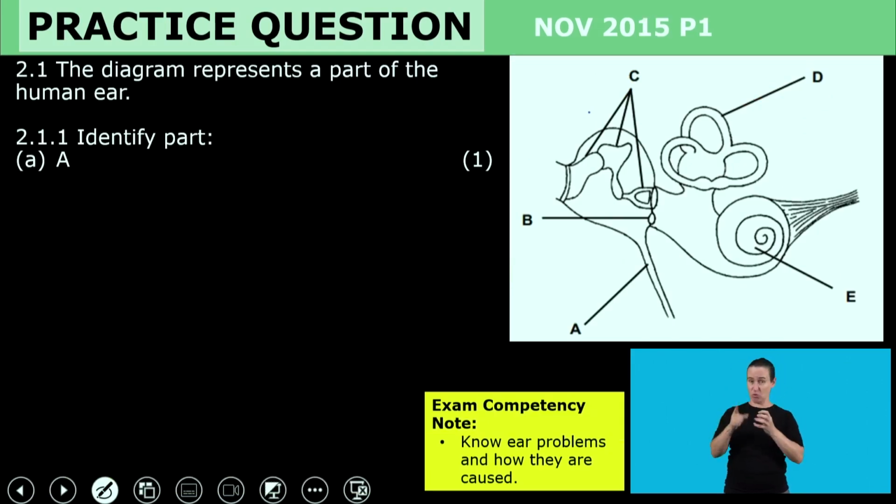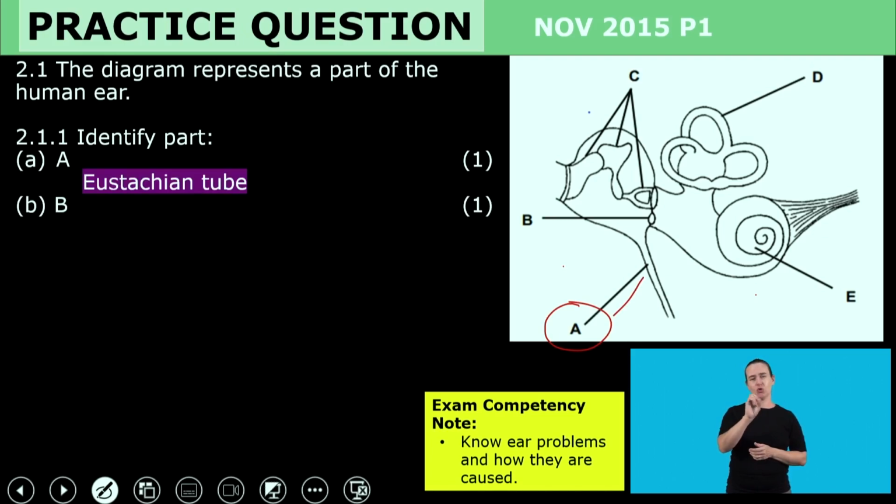November 2015, paper 1. The diagram represents a part of the human ear. That is question 2.1. 2.1.1. Identify part A. So you study the diagram, and this diagram is only showing us the middle ear and the inner ear, and you tell us what is part A. Part A, you can see it is part of the middle ear, and that is the Eustachian tube.